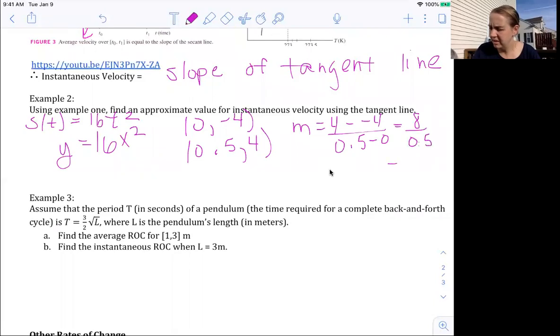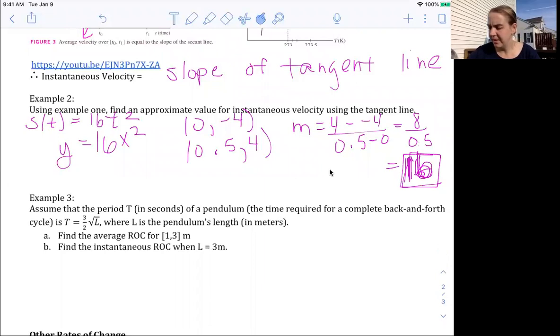Divide those out. It feels like it should be 4, but it's not. It's 16. The slope of that tangent line is 16, and because we're talking about feet per second, it's 16 feet per second. But that's what we got from all that calculator work, making all of those different quotients ourselves and finding that pattern. We also got 16, so it does work.